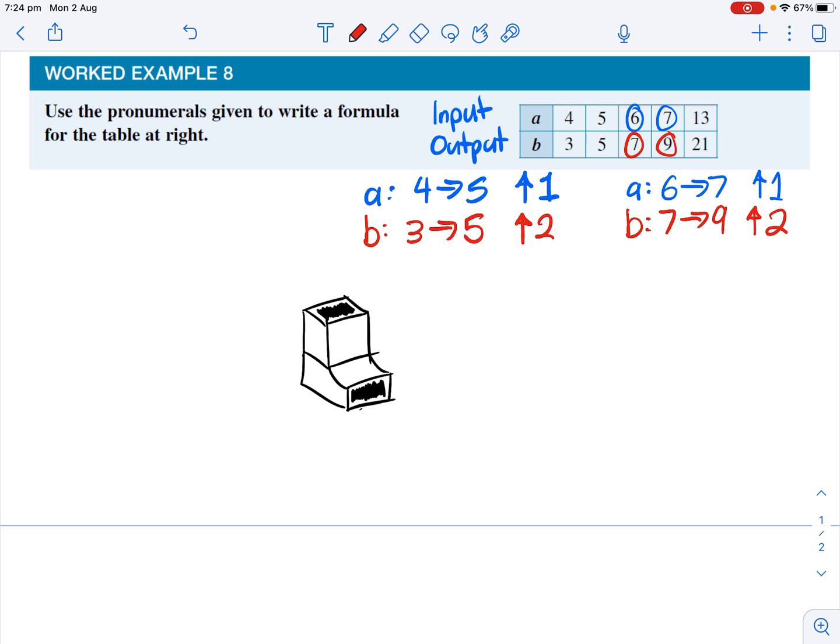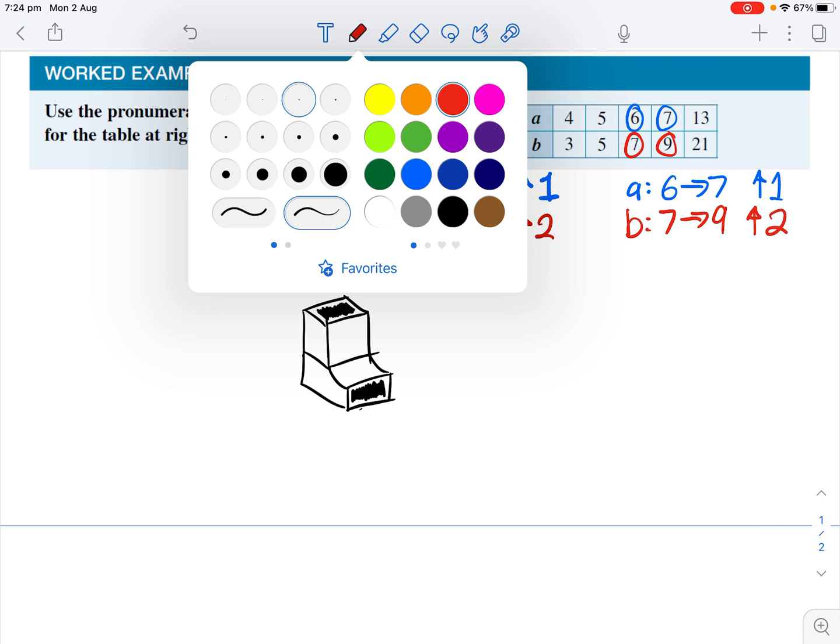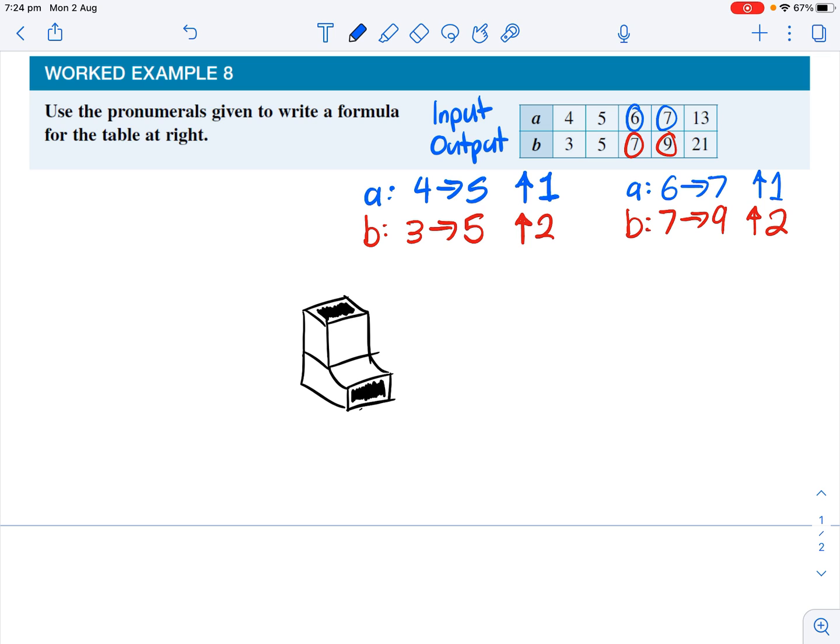What this means is that for every time A goes up 1, B goes up 2. And that tells you that the machine is multiplying A by 2.